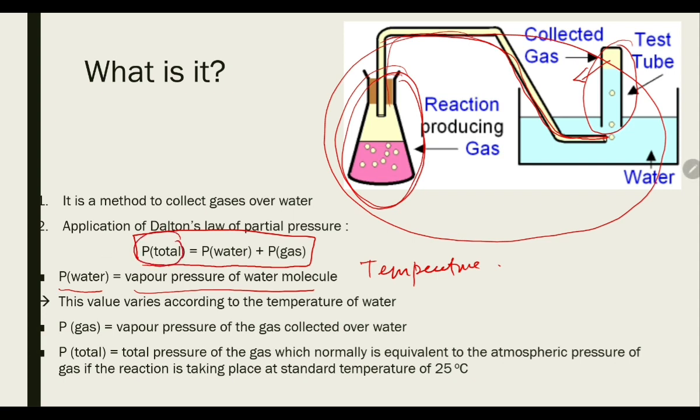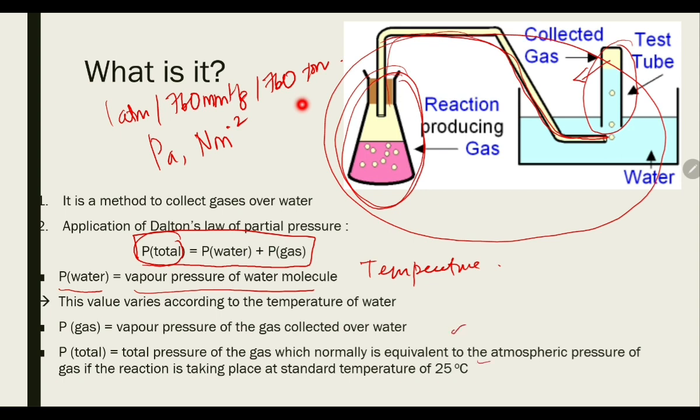Total pressure is normally equivalent to atmospheric pressure, which is 1 atm or 760 millimeter mercury or 760 torr, or any other unit of pressure, such as Pascal and Newton per meter square. So this is all the definition. You can just simply read it.